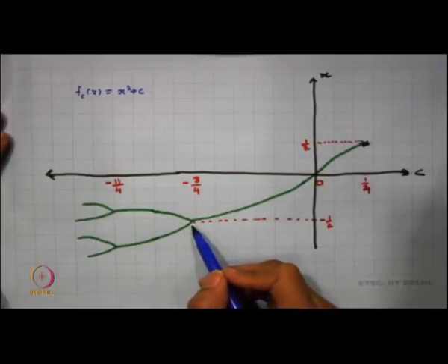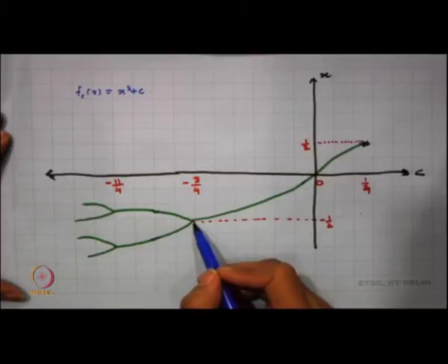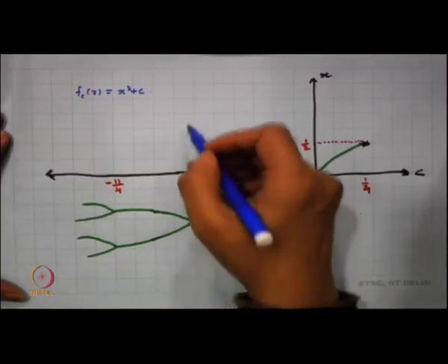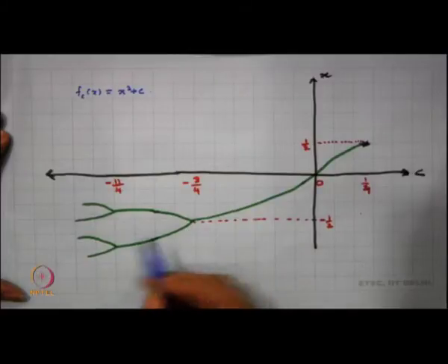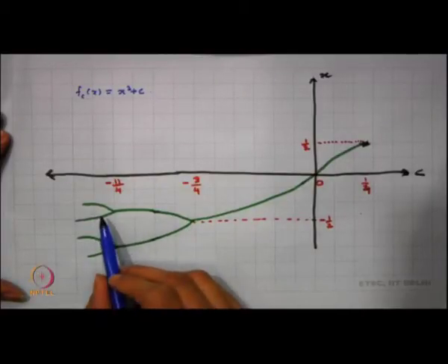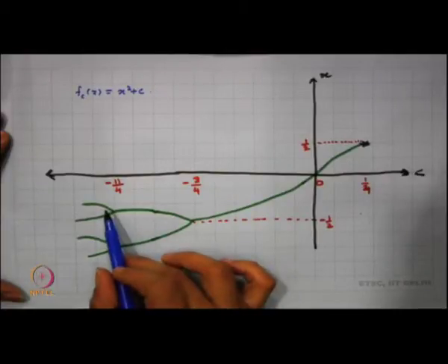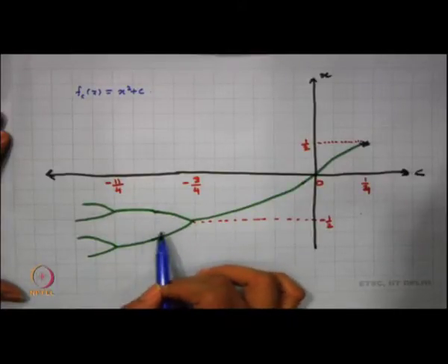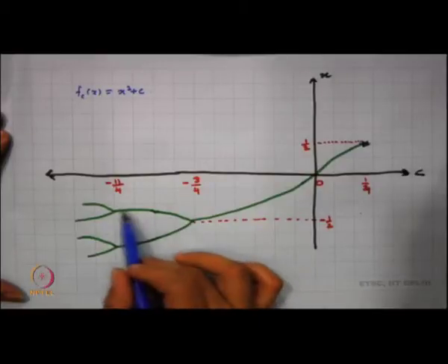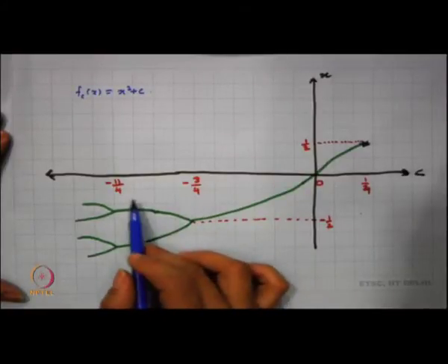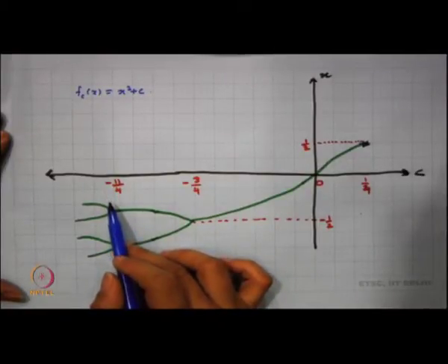What happens when c is less than minus 3 by 4? Again you find that the fixed points become sources, and a periodic orbit of period 2 becomes a sink, and the orbits are attracted to the periodic points of this orbit of period 2. This goes on till c reaches minus 5 by 4.